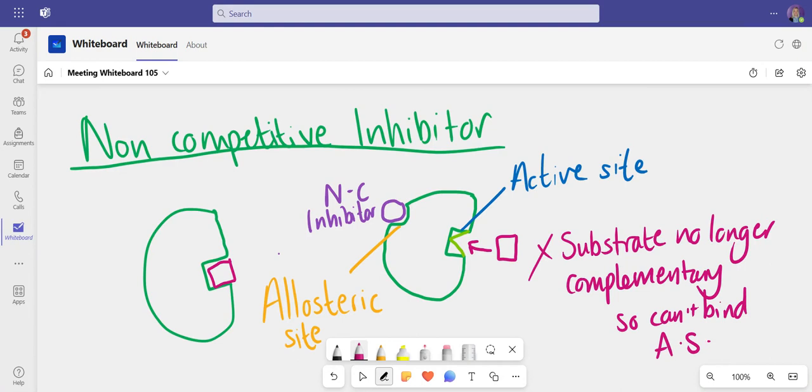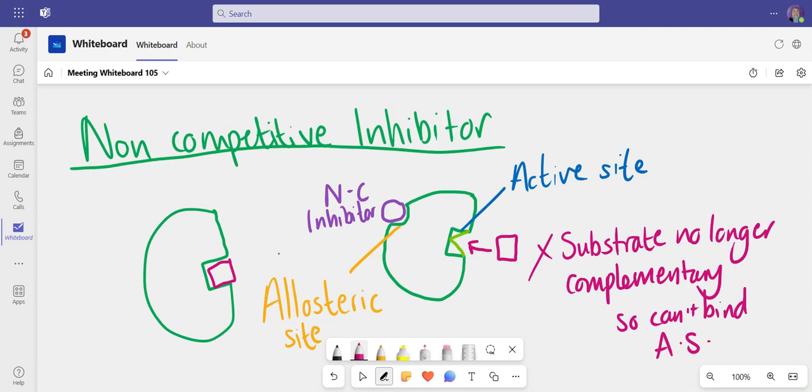Okay, so the non-competitive inhibitor binds to an allosteric site that alters the shape of the active site, and therefore the substrate is no longer complementary and cannot bind.